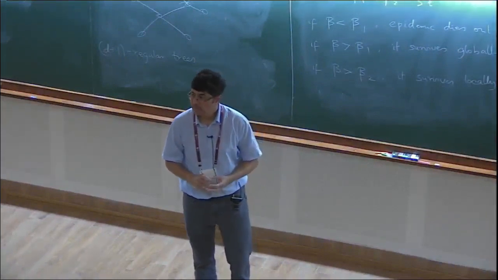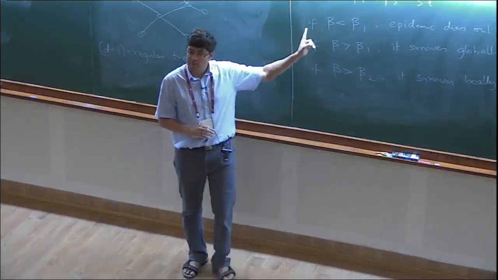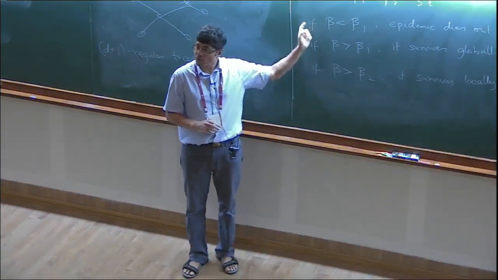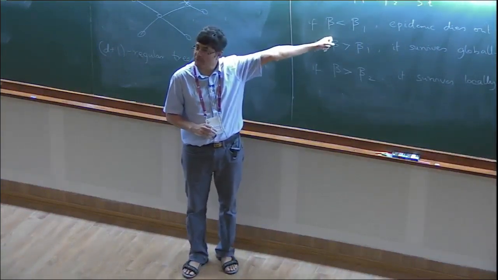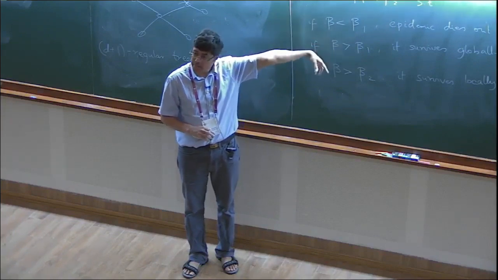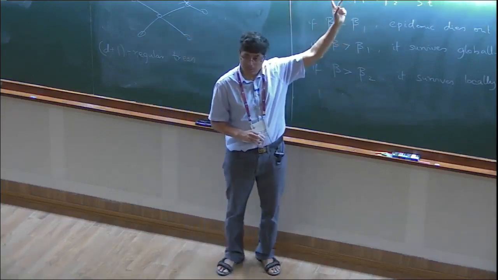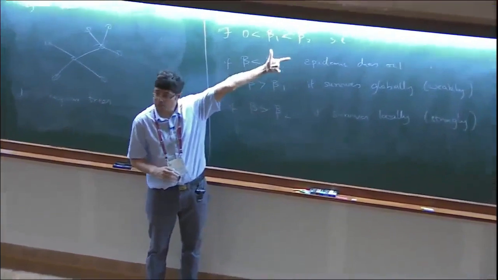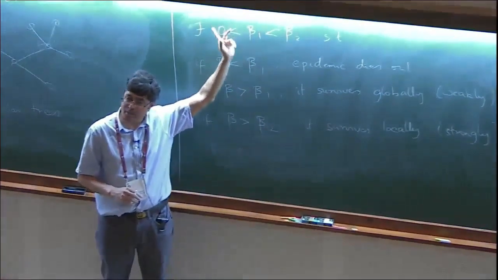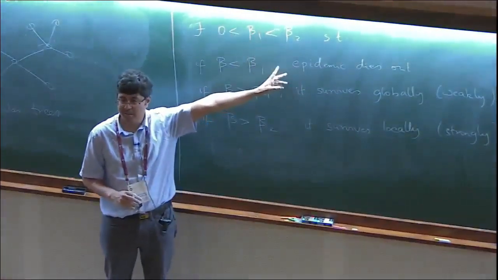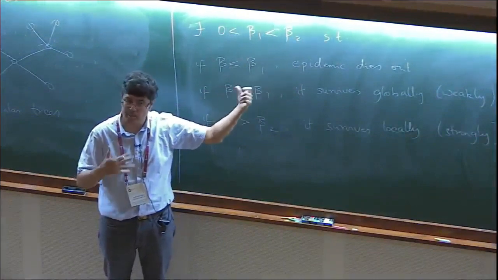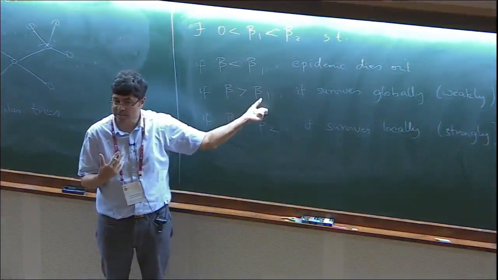And then you can ask the same sort of question for branching random walks on trees rather than the contact process on trees. And there you can have either 1 transition or 2 transitions. I don't know about regular trees, but it was also studied on Galton-Watson trees.